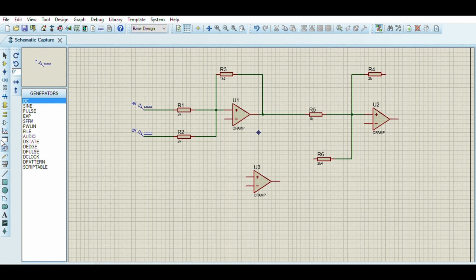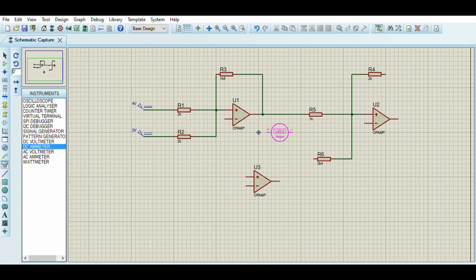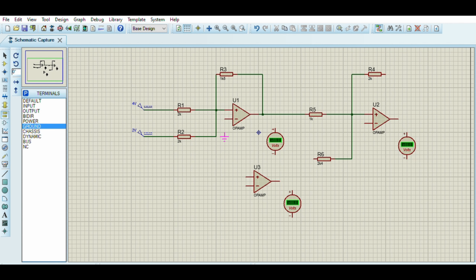And each of the op amps is connected with the DC voltmeter. So the DC voltmeter is used to find out the value of the output voltage. The negative terminal of the DC voltmeter is connected to the ground.